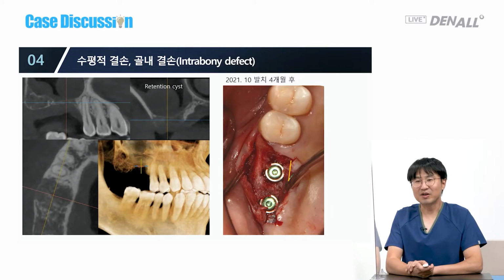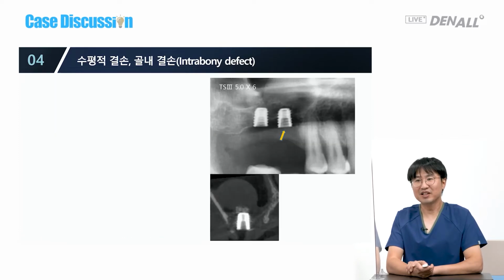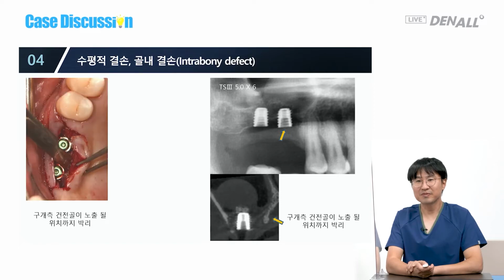If you look at it carefully, the buccal bone and the palatal bone housing still remain. If you look at it carefully, this portion is an intra-bony defect. Palatal flap thinning, implant placement depth would be about this.